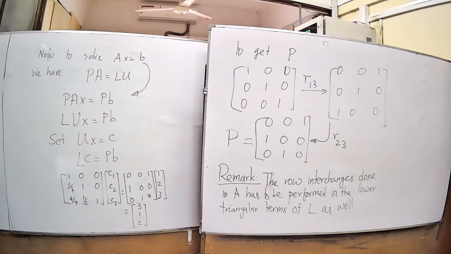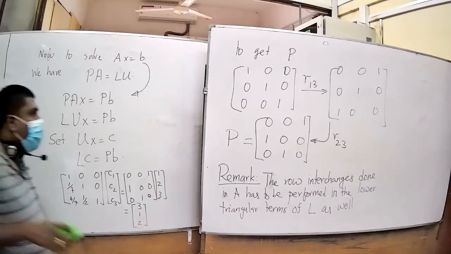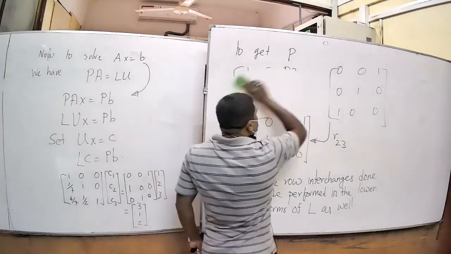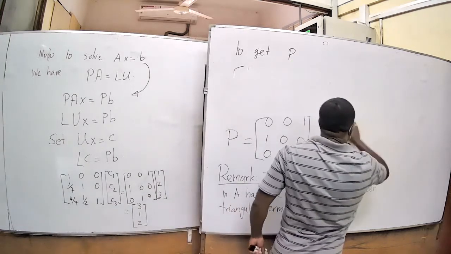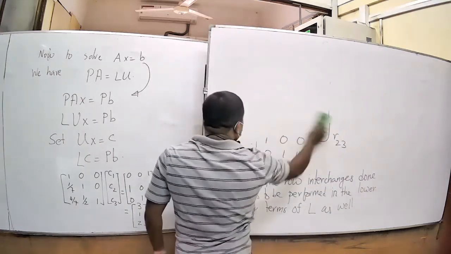The first row multiplied by the column is 3, the second row multiplied by the column is 1, and the other one multiplied by this is 2. So you get 3 1 2. Now you can solve this lower triangular system. You all know how to do this, by the forward substitution method.